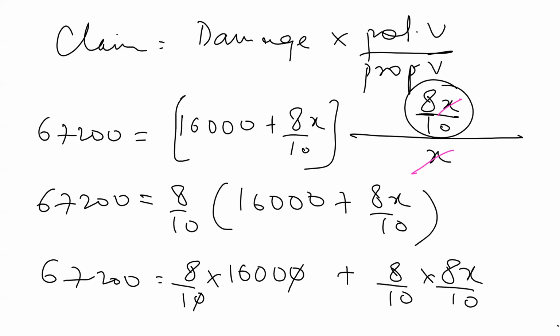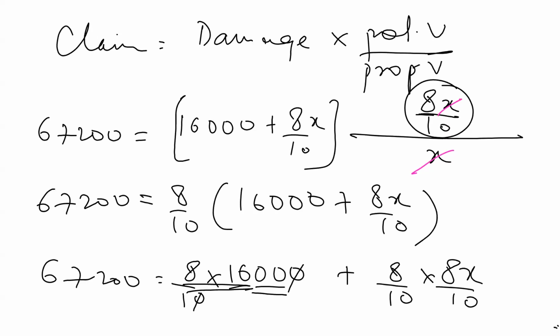So 16 into 8, that is 128, and two more zeros. So this will be 67,200 equals 128 and two more zeros, plus 64x upon 100.